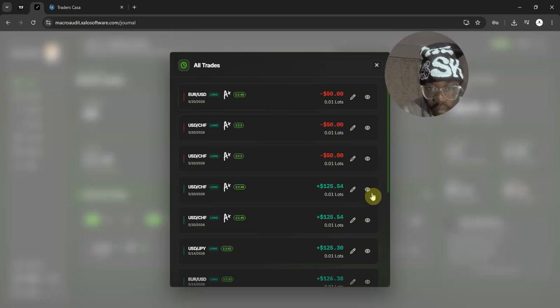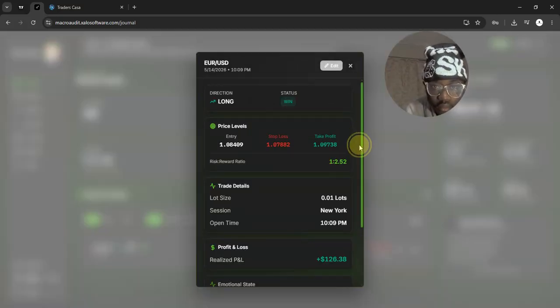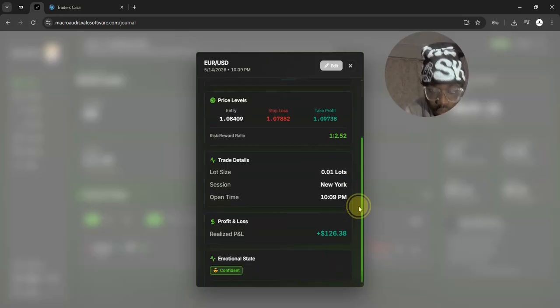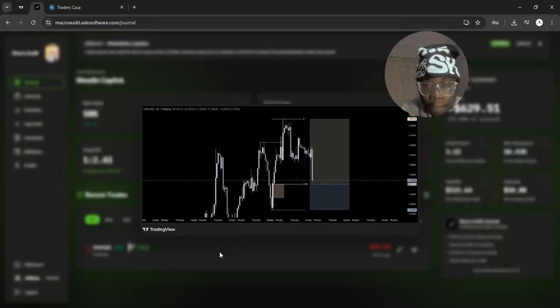Then we are now on the wins. I'm not going to go through all of them, but as you can see, we have this trade right here. This was the entry right there.